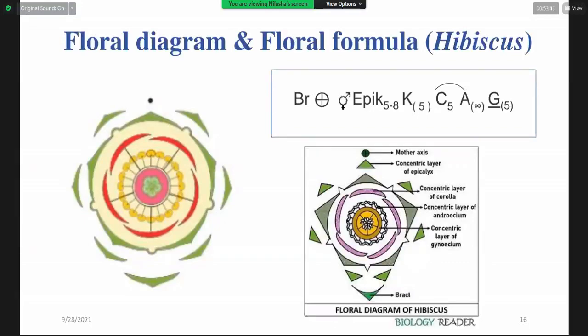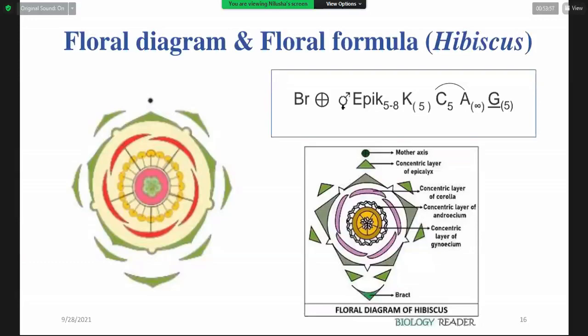Next is the gynoecium. The gynoecium is pentacarpellary and syncarpous. That means the carpels are in fused condition.